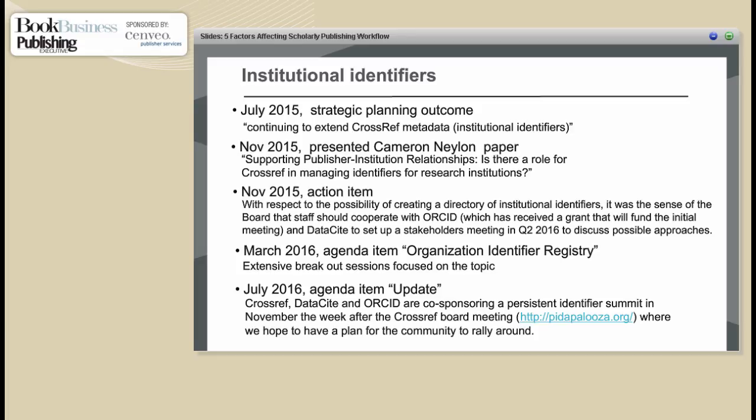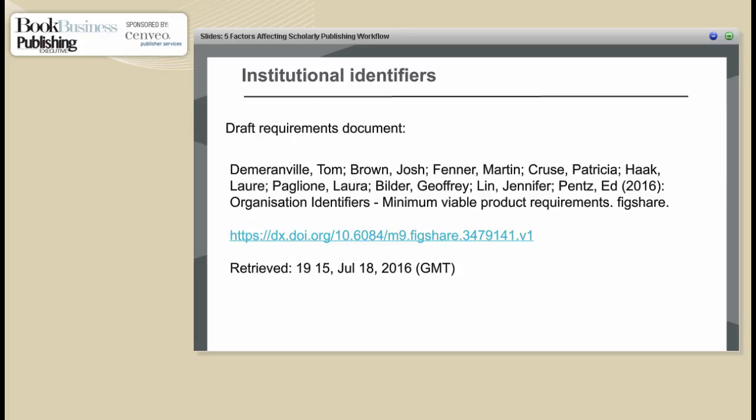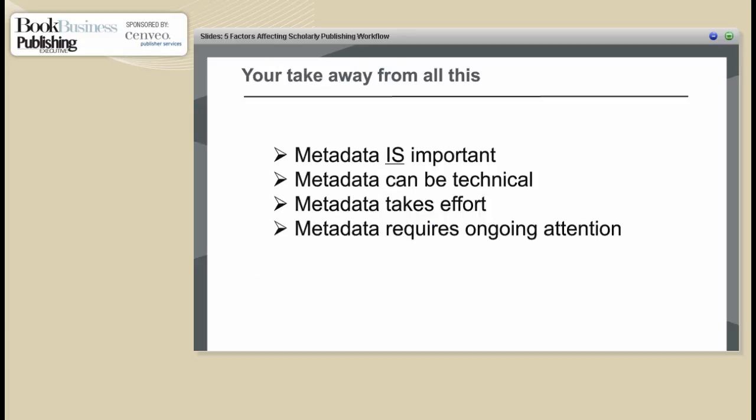And here's a link to a draft requirements paper that is being worked on by these folks, which documents what we think is needed and what will come forward out of, hopefully, the Pitapalooza. And the last slide I have is essentially the message I want to leave you with, and that is that metadata is important.